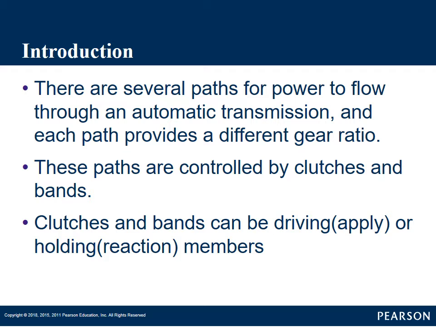And as we've seen from planetary gear sets, depending on which member we hold, which member is our input, and which member is our output, determines what gear ratio we have. And we're using these bands and these clutches to determine where the power flows through that planetary gear set.